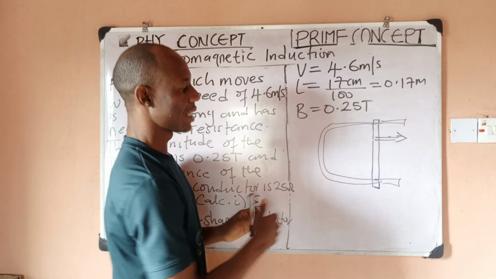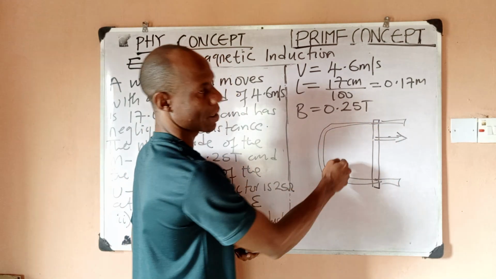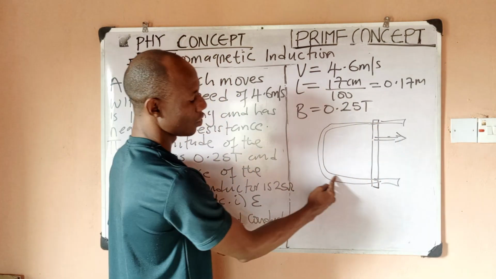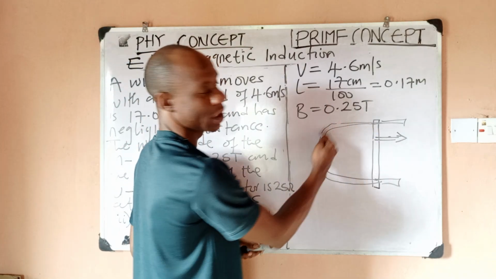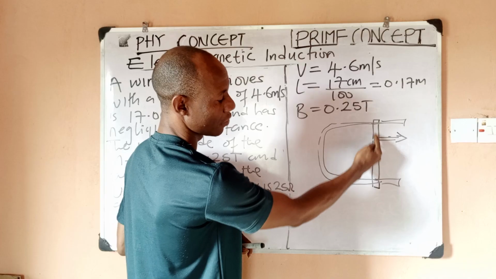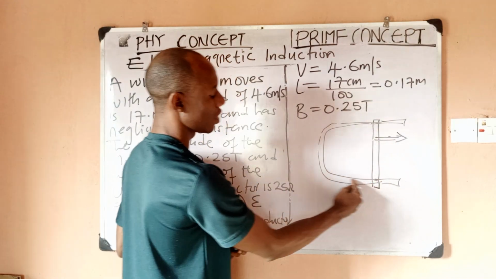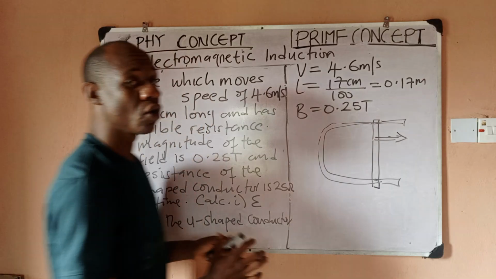So what happens is that since this whole thing forms a closed path, there will be a current that would flow through this U-shaped conductor. So that is what they want us to find, the current. Remember, EMF will be induced in this conductor, which already forms a closed path, and therefore current would now flow because there's a closed loop.